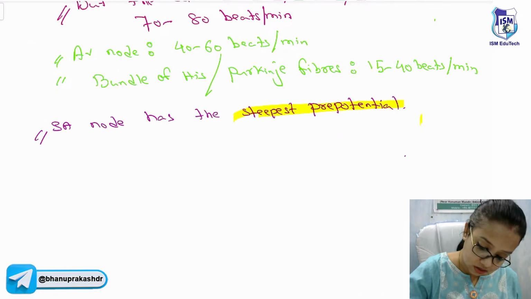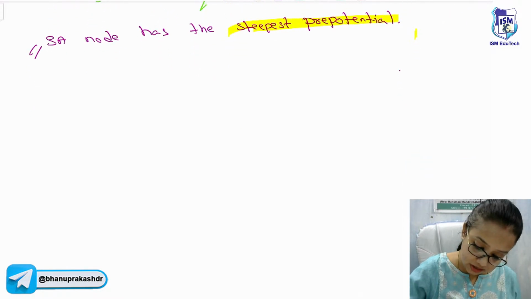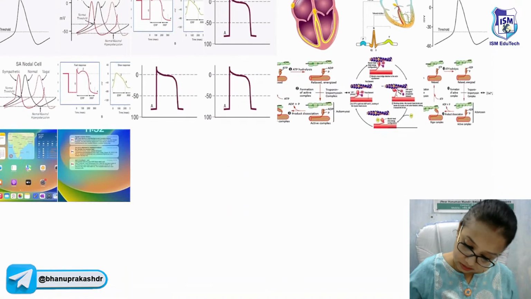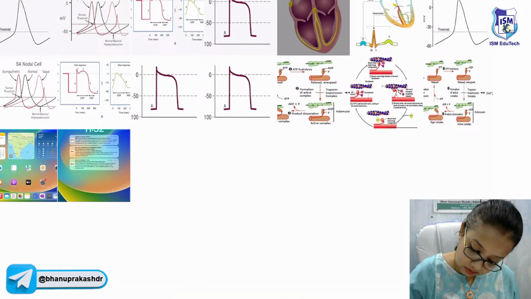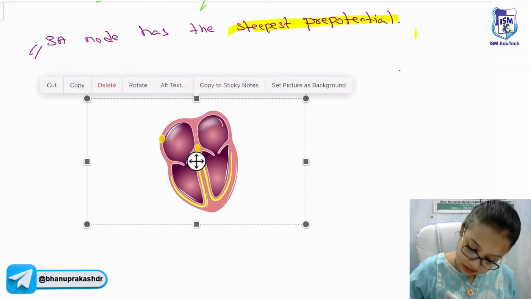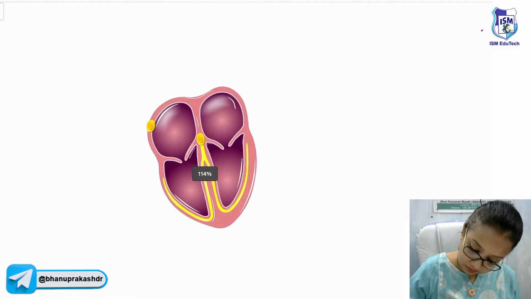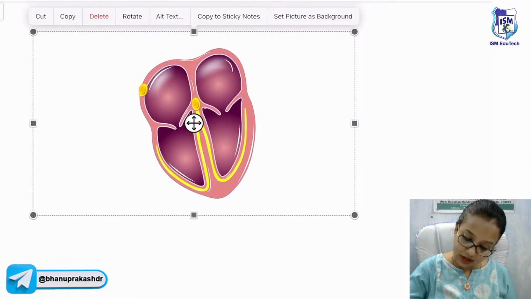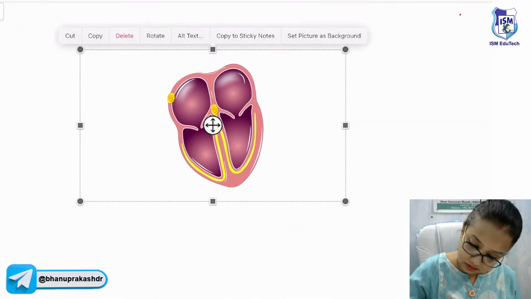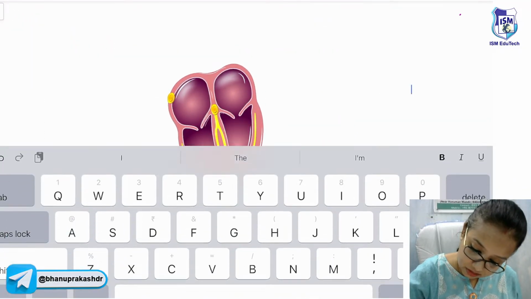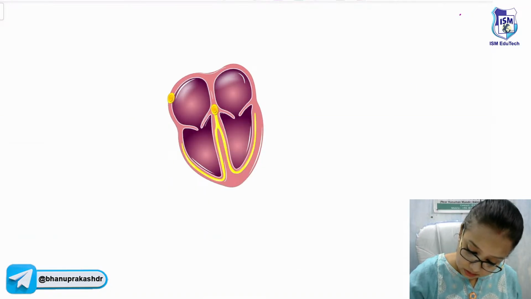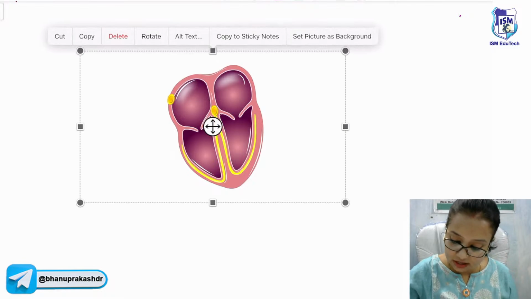So if we get the diagram again, we can use it to understand the same. Now see here, this is the right atria, that is the left atria.